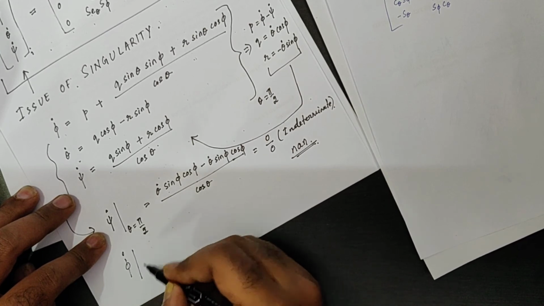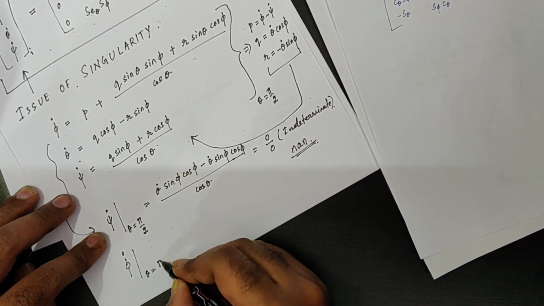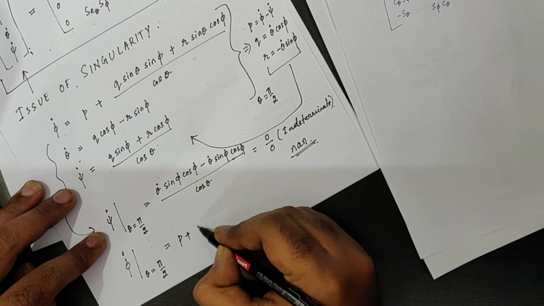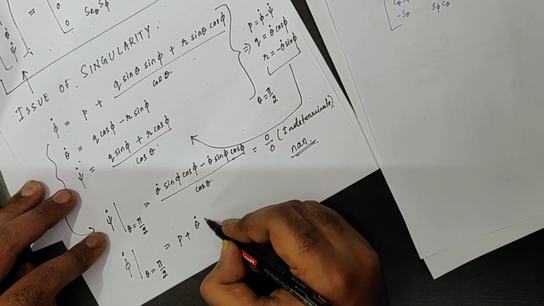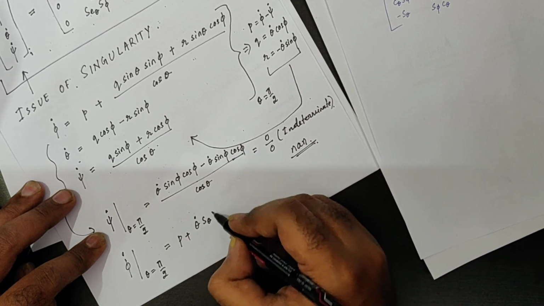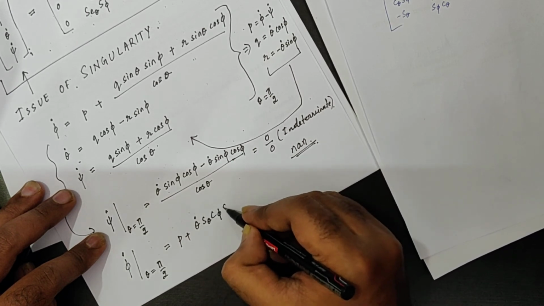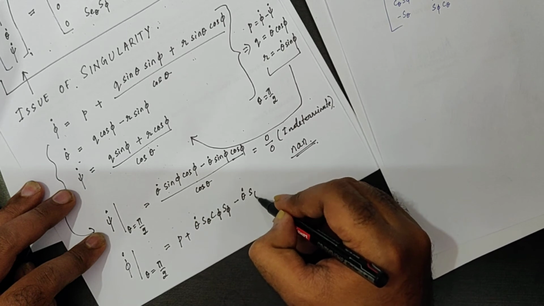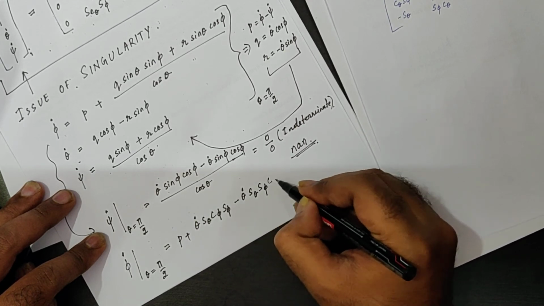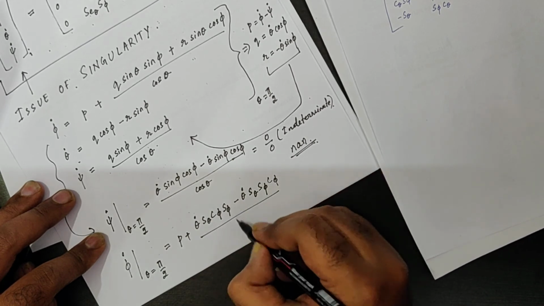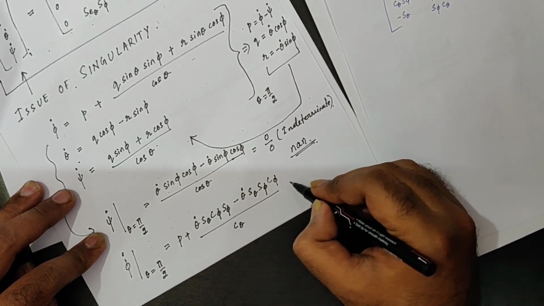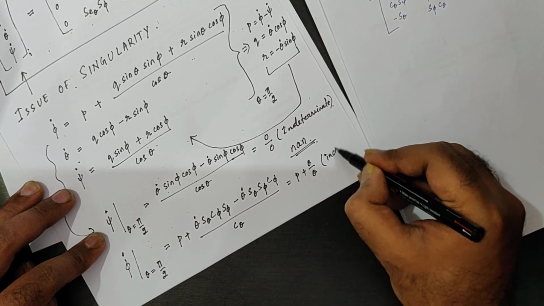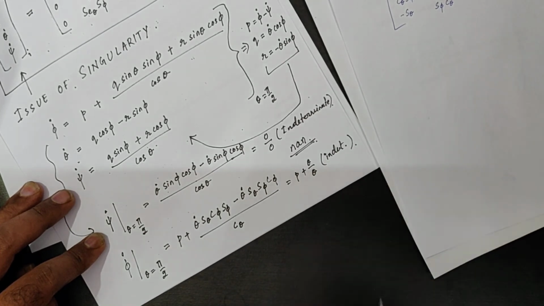So phi dot at theta equals pi by 2 is P plus theta dot sin theta cos phi sin phi minus theta dot sin theta sin phi cos phi divided by cos theta, which is equal to P plus 0 by 0, which is again indeterminate form.